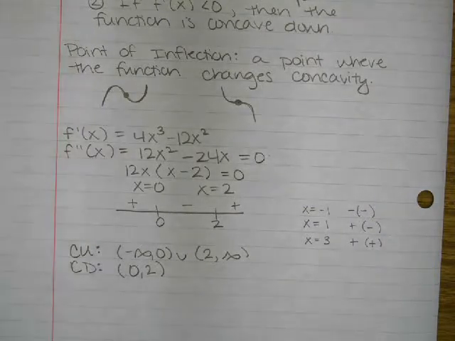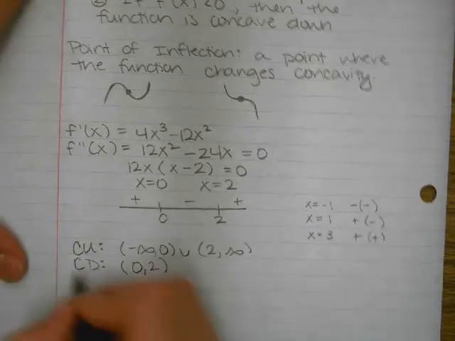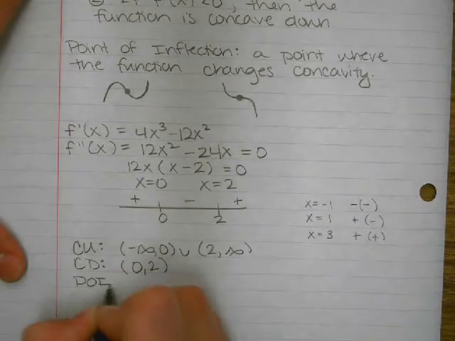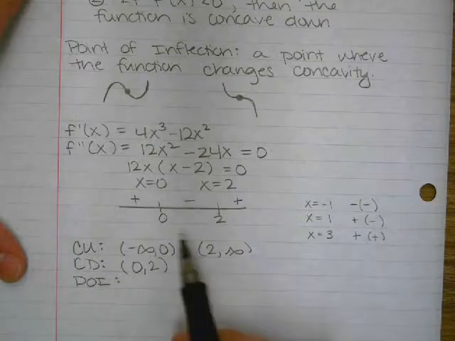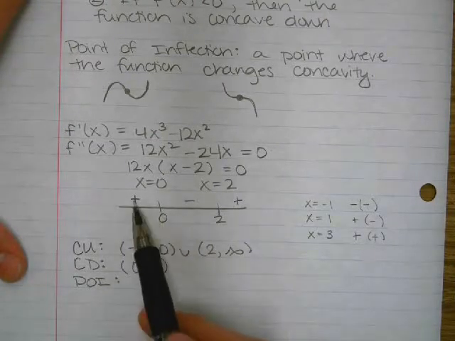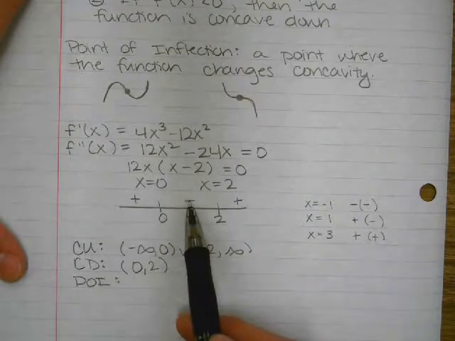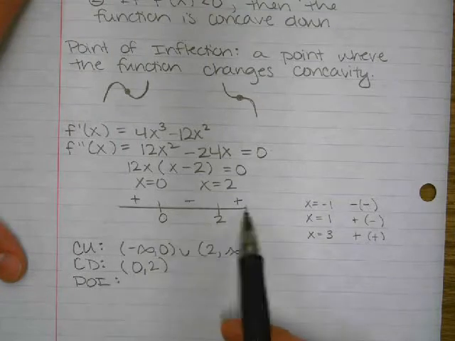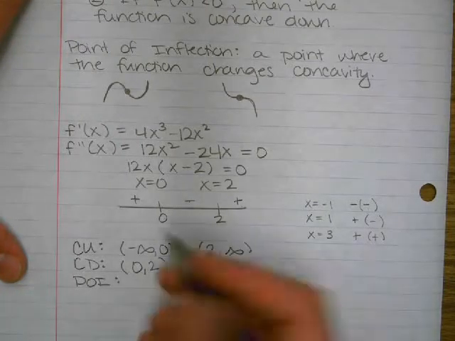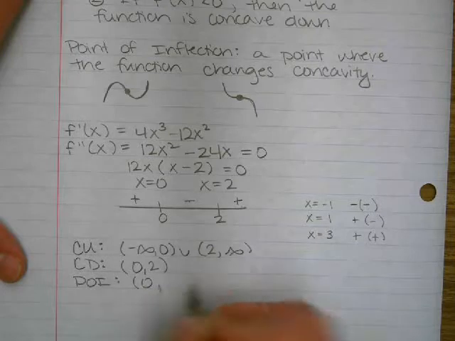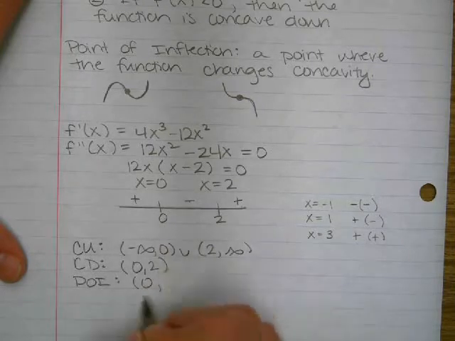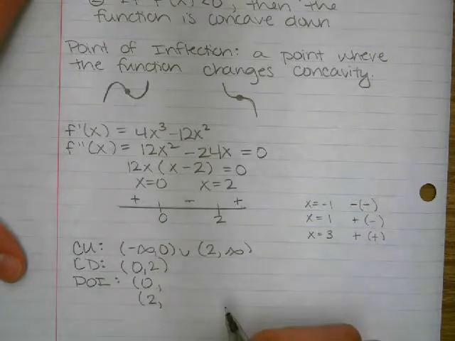Now, if we want to locate the points of inflection, the points of inflection are located where you switch from concave up to concave down, or where you switch from concave down to concave up. So we have 2 points of inflection. One is at an x-coordinate of 0. The other is at an x-coordinate of 2.